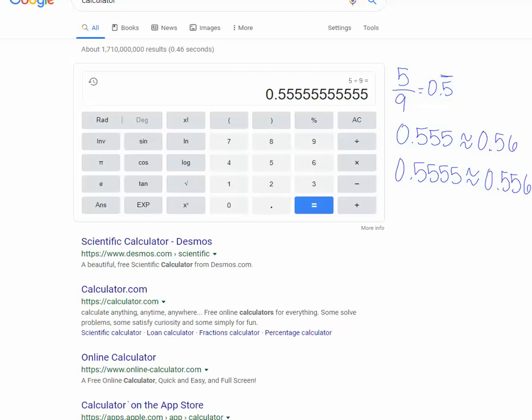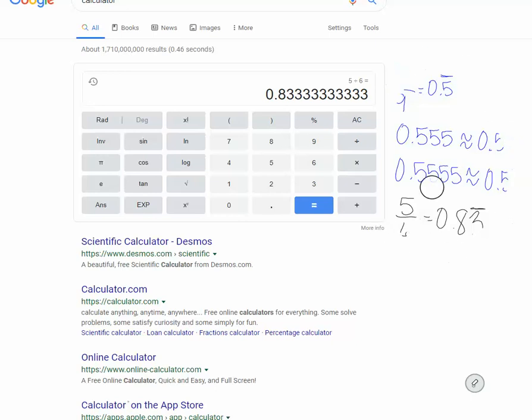So I'm going to clear this out. 5 divided by 6. You should have gotten 0.83, and the 3 is repeating, so I can put a bar over that, but that would keep going forever. All right.